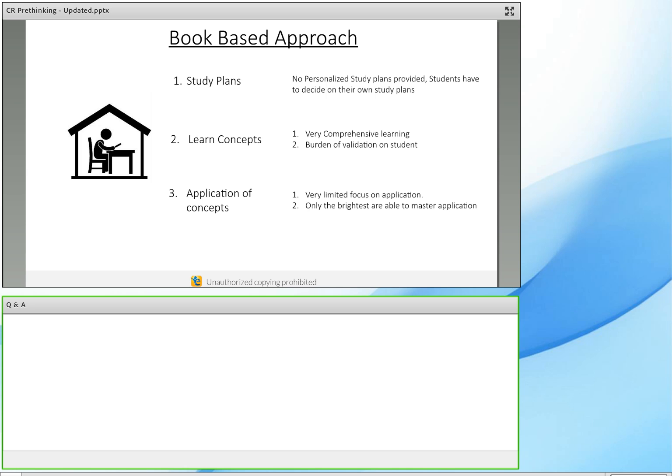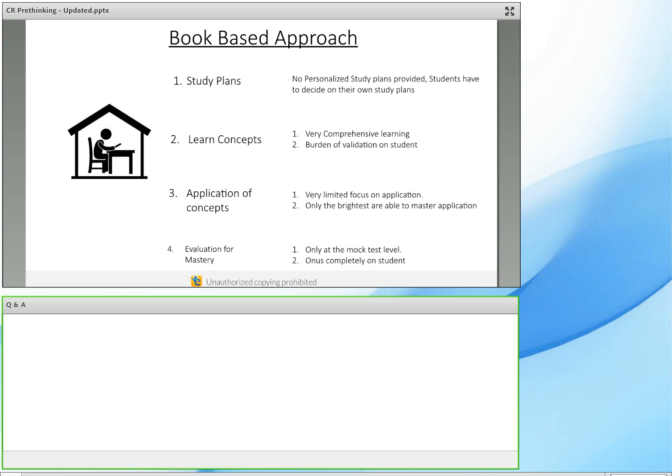And they believe the more questions they solve, the more likely they're going to succeed, where actually data shows otherwise. There are some who are able to master application, but there are many more who get left behind. And when it comes to that evaluation of mastery, people who follow the book-based approach take a ton of mock tests.